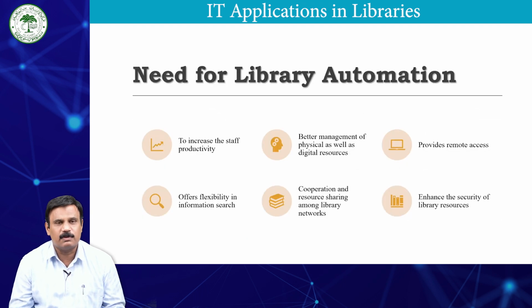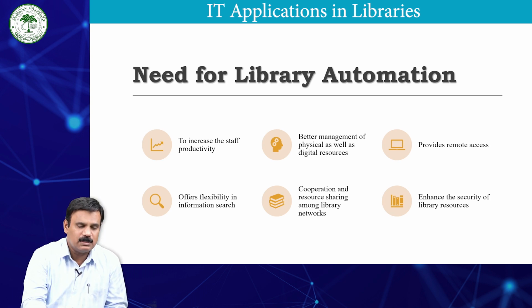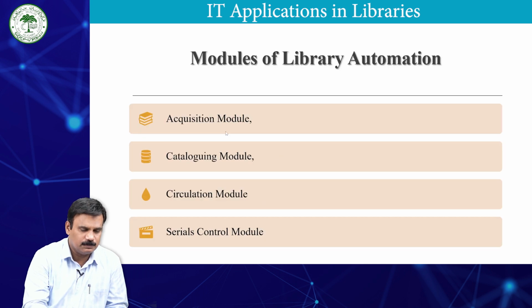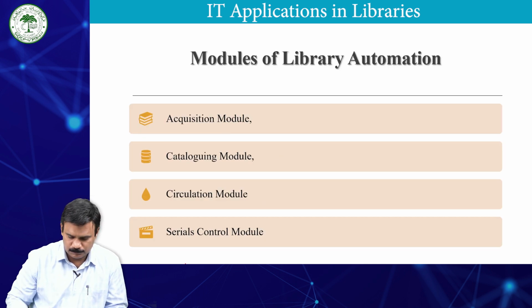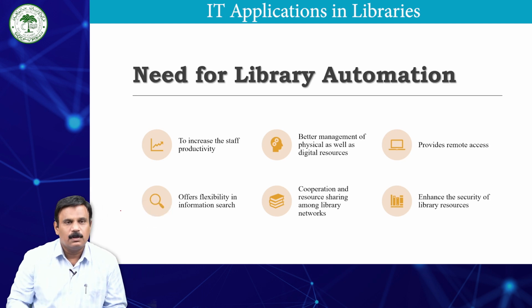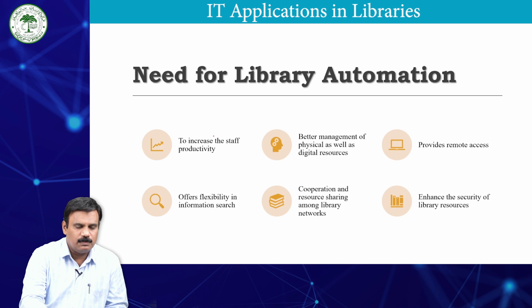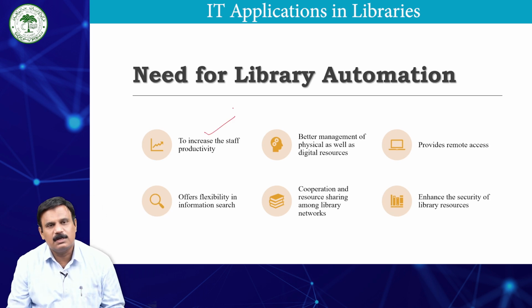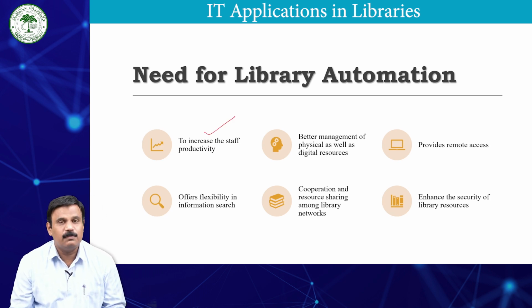What is the need for library automation? The first and foremost need of library automation is to increase staff productivity. If you are using machines, you can save a lot of time which we generally use in our traditional method of working.